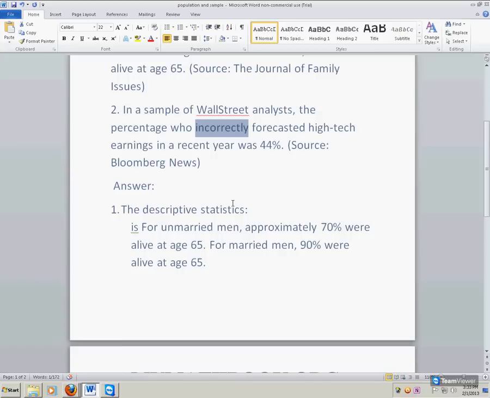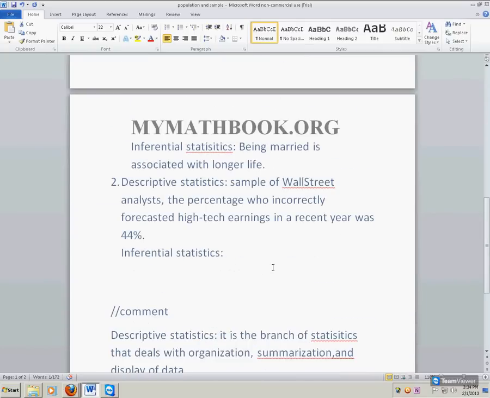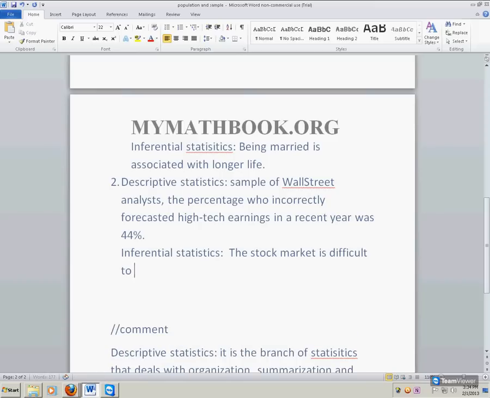Another reason is that professionals are not able to forecast the stock market properly. So there are a lot of conclusions that could be drawn, and it couldn't be just one. But at this point, let's just go ahead and use one of mine. I would say that the stock market is difficult to be forecasted by professionals. So let's put it down here.